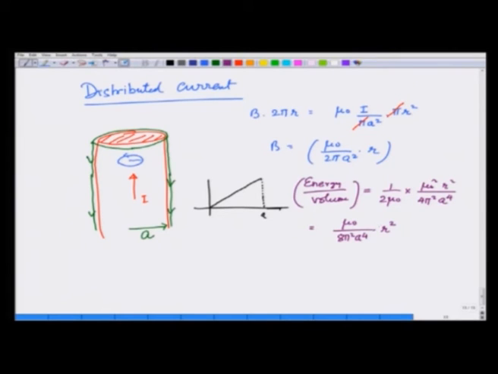Let us now calculate the energy stored per unit length, and that is going to be mu 0 I square over 8 pi square a raised to 4 r square times 2 pi r dr integrated over r going from 0 to the radius a.